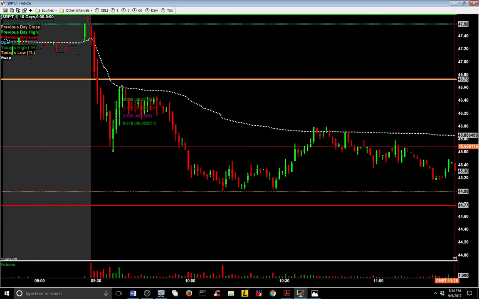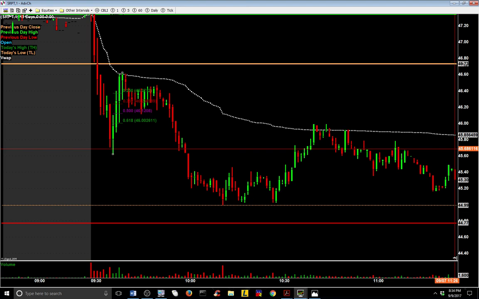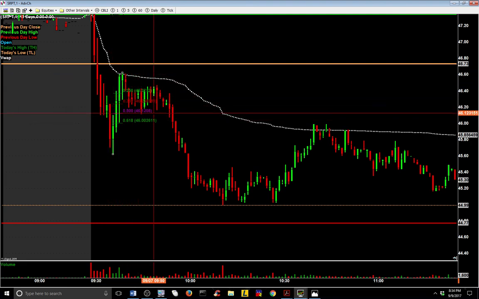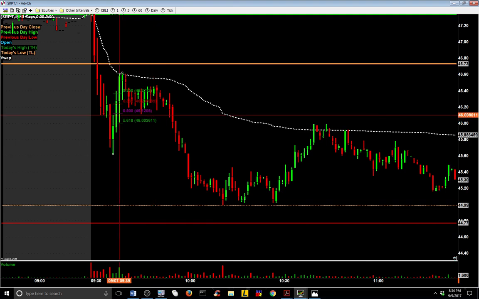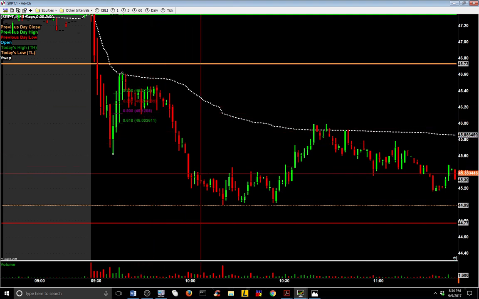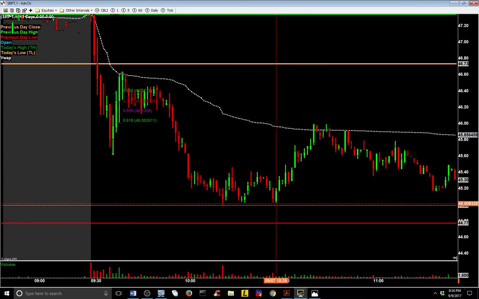Let me expand it a little. It's a little bit easier to see. You'll see that the entry was near 46.60 with the profit target being just over the 50% fib, near $46.15.